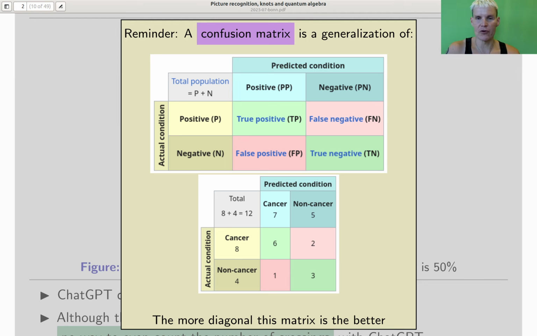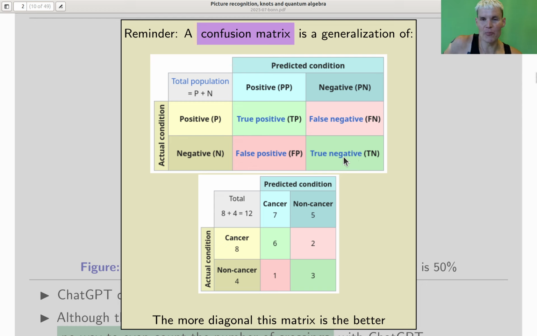And you really just do the following, right? Think about positive, negative as being you have cancer or you don't have cancer, and so that's the actual condition, and the predicted condition is whether a test spits out that you have cancer or you don't have cancer. So what you really want is, of course, the true negative: you don't have cancer and the test tells you you don't have cancer.